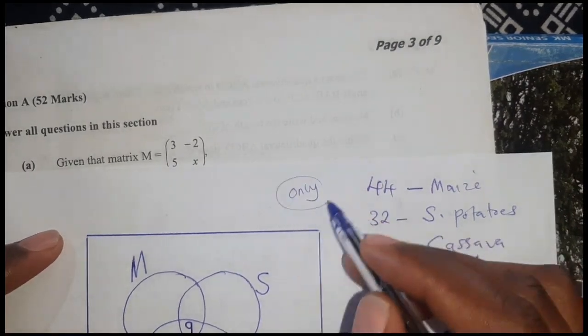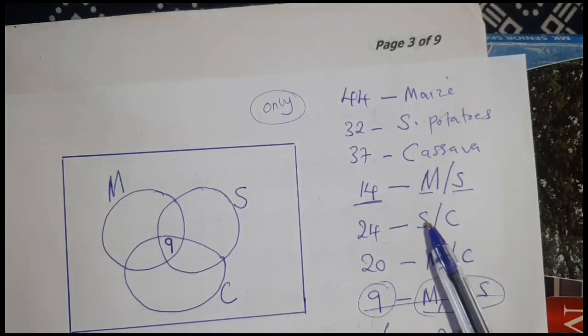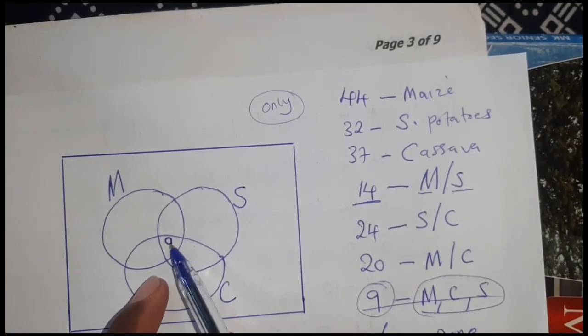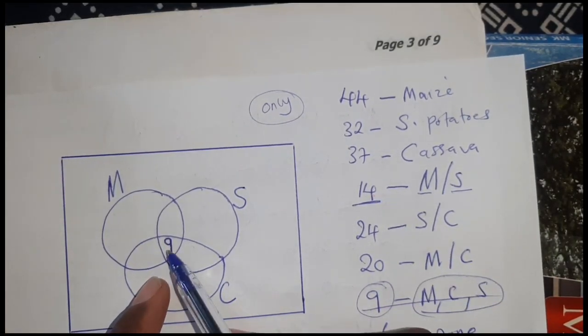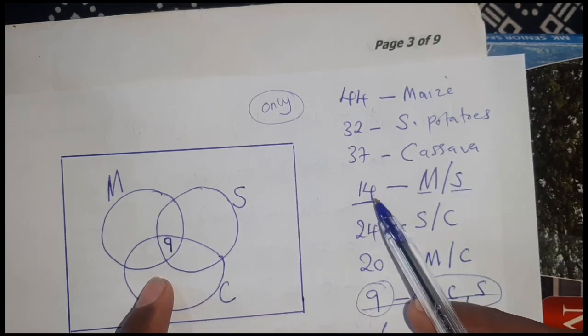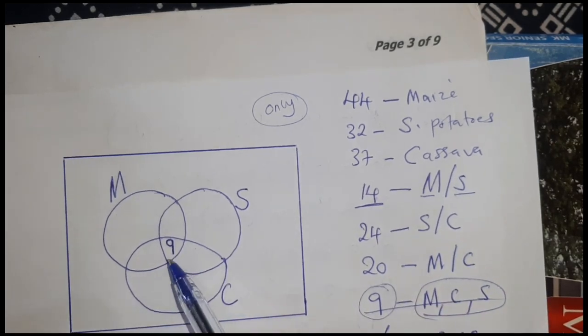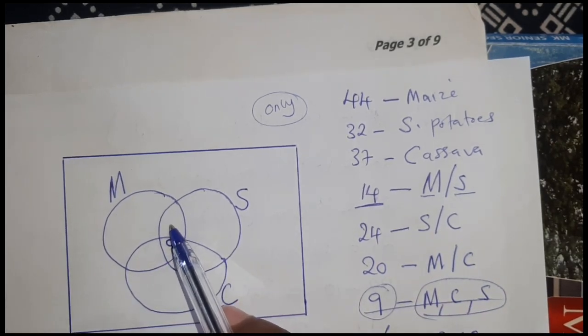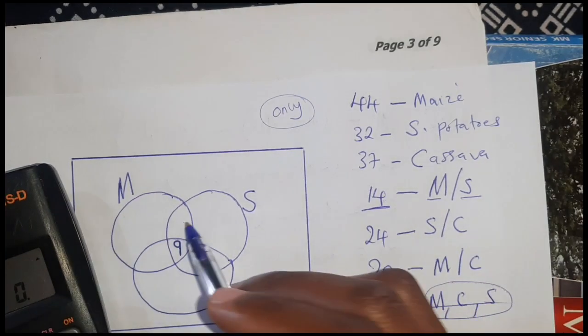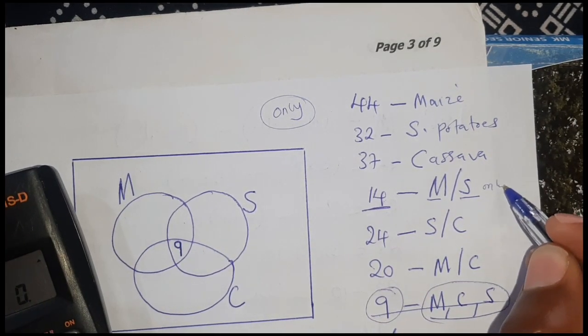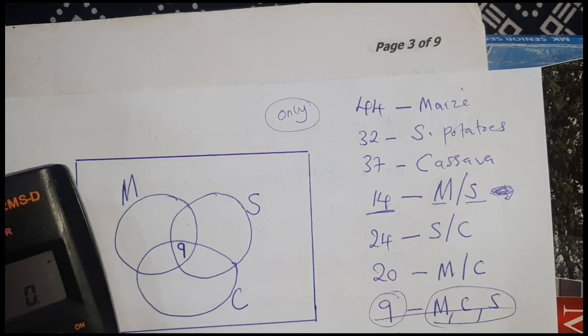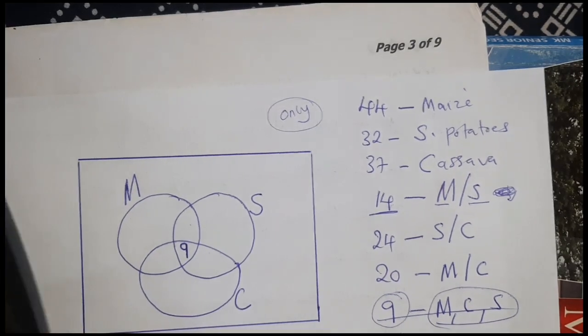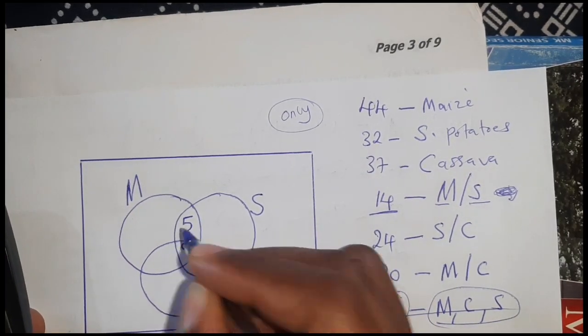So if they didn't use the word only, we are going to be subtracting what is in the middle here. It means amongst the 14, others are here already. So from the 14, we are going to subtract the 9 before we put it in here. Don't put the 14 direct. So we would have put the 14 here if there was the word only. Okay? So minus 9. So this is a 5.